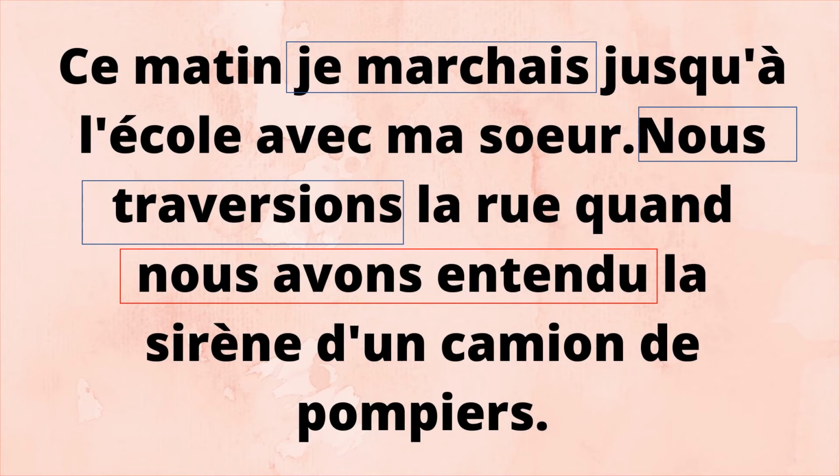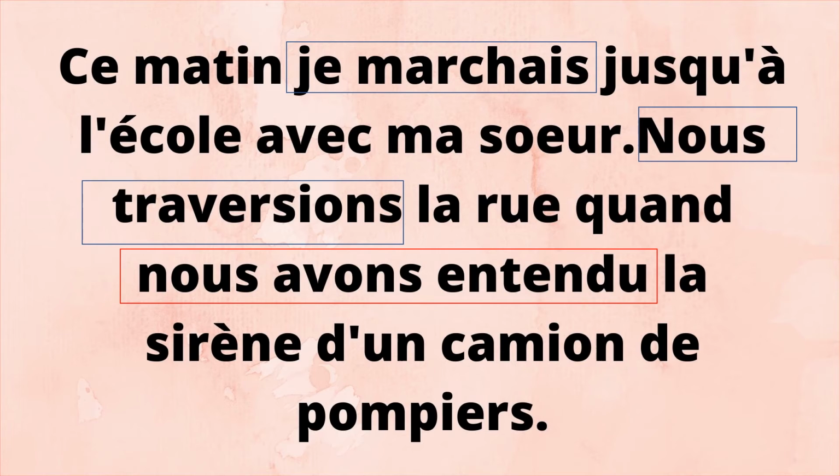So entendre is not a reflexive verb. It is not part of the Dr. Mrs. Van der Tramp verb list, and so it does not have the être helping verb. It uses avoir. So that's why we see here nous avons entendu. We said that the passé composé deals with completed actions. In a lot of cases, when it's used with the imperfect, it interrupts the imperfect action.